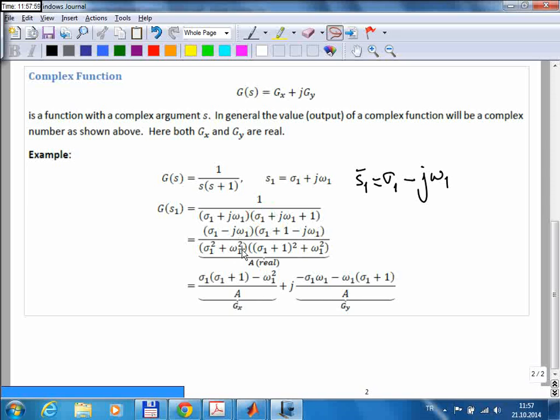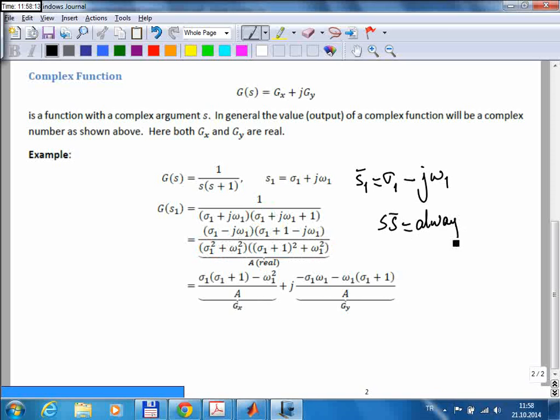And in the end, on the denominator, you're left with a real number, because whenever you multiply a complex number with its complex conjugate, you get a real number, right? So let me just say that always real. So that means in the end, on the denominator, you're left with a real number, and you have a complex number on the upper side.